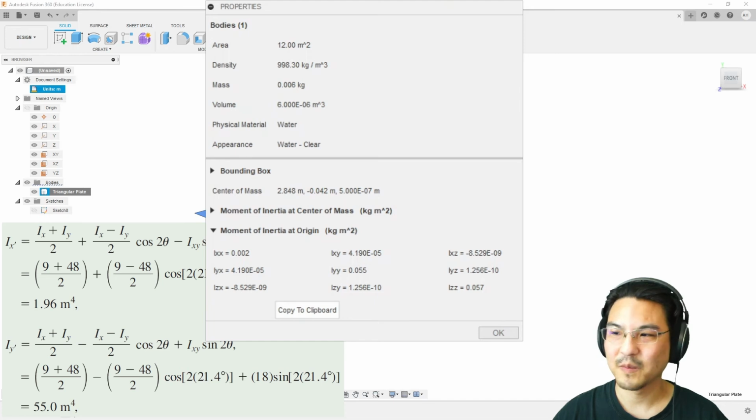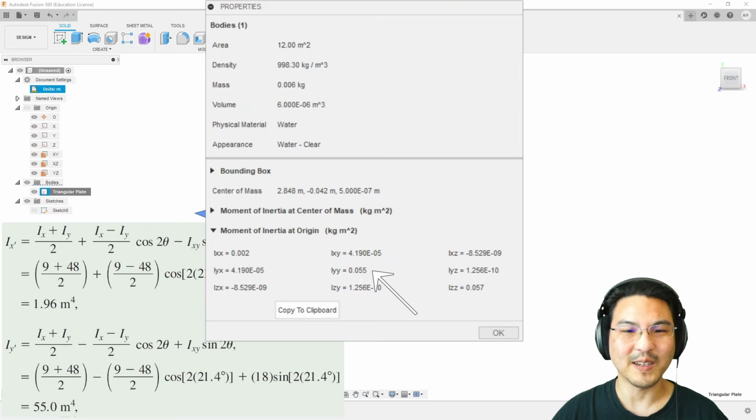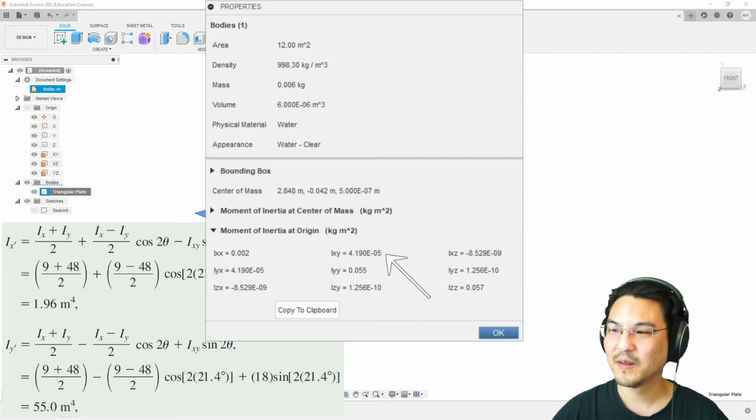Okay. Alright, so that's what we expected. Ix 0.002, Iy 0.055, product of inertia Ixy 4 times 10 to the negative 5, practically 0. That seems to be just round off error.